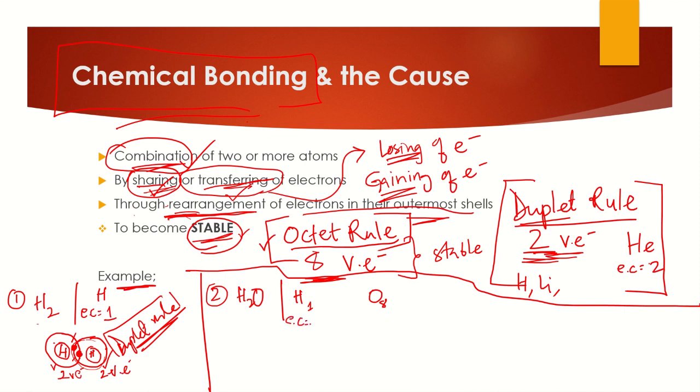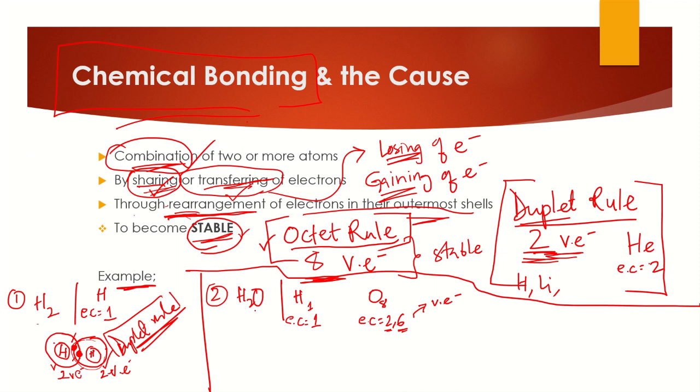Now let us write the electronic configuration. For hydrogen it is 1, for oxygen it is 2, 6. So the first shell contains 2 electrons, the second shell contains 6, and the 6 is the valence electrons of oxygen.